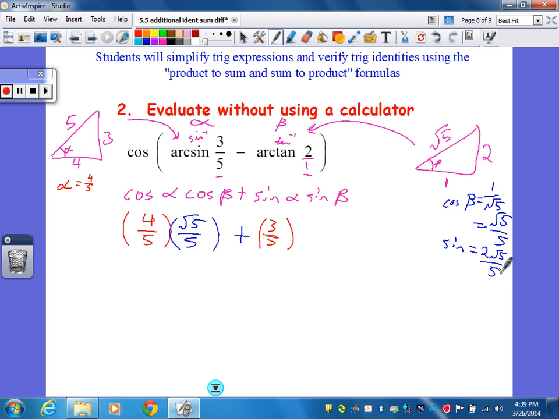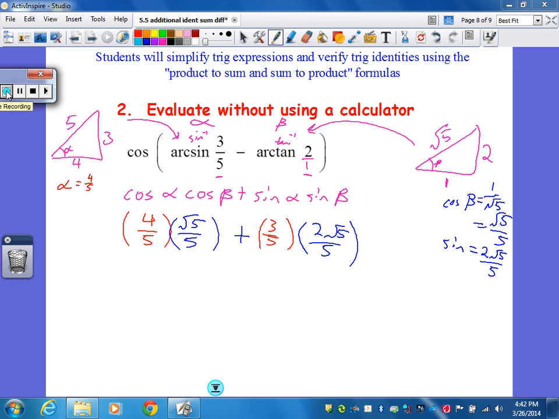So we have 2 square root of 5 over 5. Okay, now we just. Apparently I'm stuttering. Sorry about that.